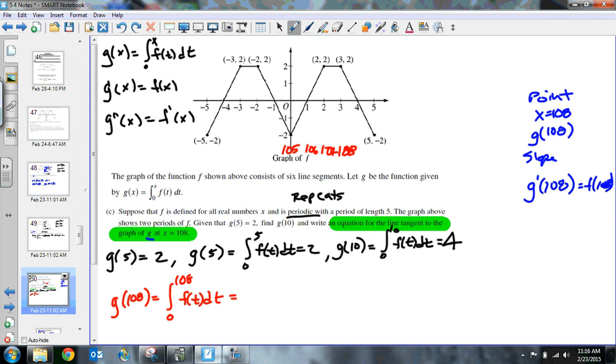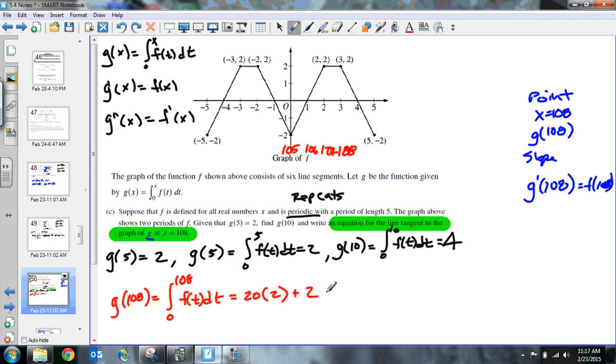Now that is the integral between 0 and 108 of f of t dt. Now what I notice is that for every 5 of these, I have an area of 2. And I need to think, well, how many of these periods would I have if I had a length of 100? I would end up having 20 of them. And 20 of them, I would multiply each of those areas by 2, and then I would have an extra one for 105, so I would add another 2.